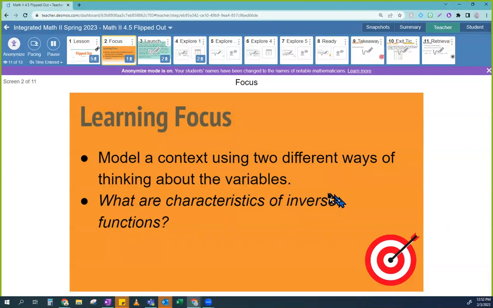So we're going to be talking about this word inverse a lot. You will see this word inverse again in integrated three. You've seen this word inverse in the past when you were solving equations. The word inverse just means to undo. So what's the inverse operation of adding?